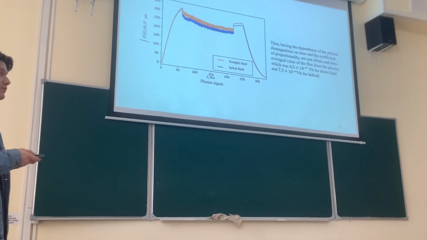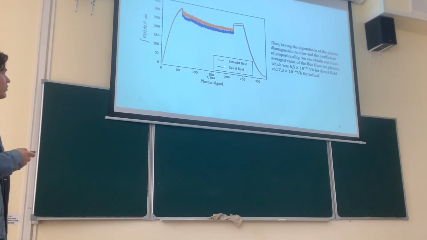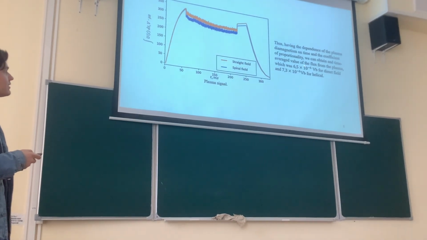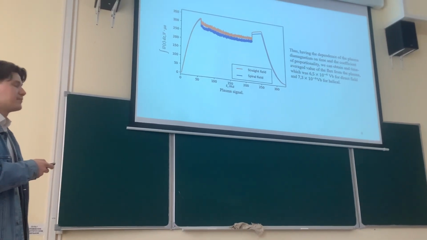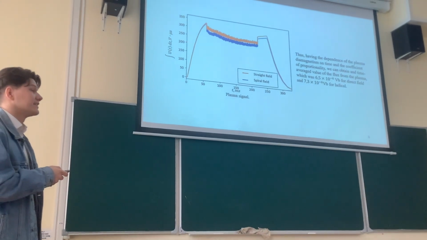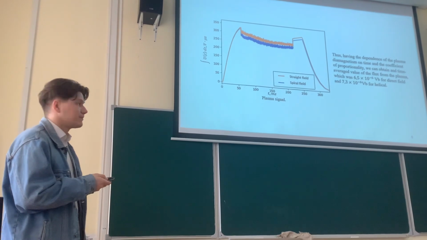that is measured in Webers, and for the straight field, it's 6.5 multiplied by 10 to the power of minus 6 Webers, and the spiral one is 7.3.